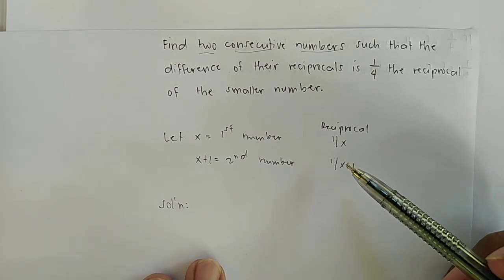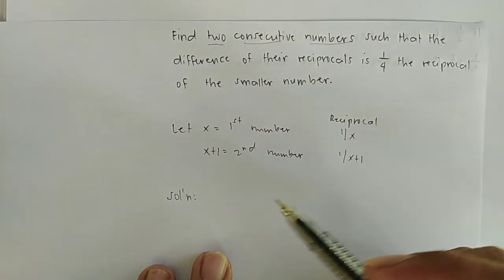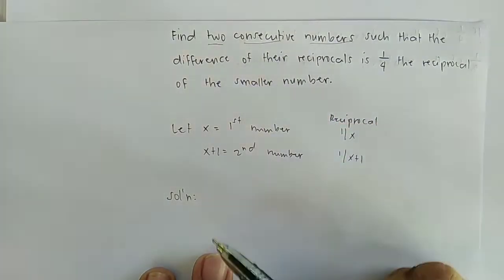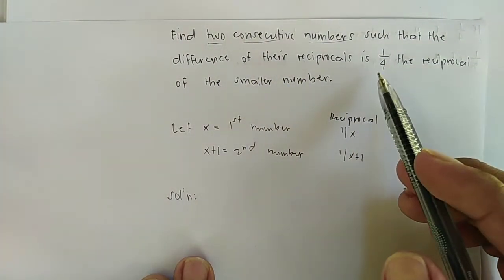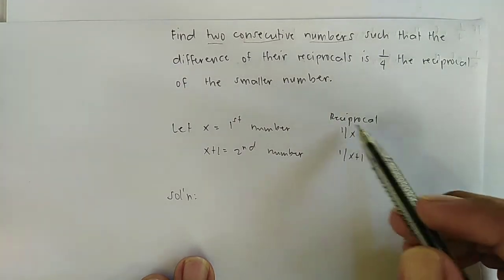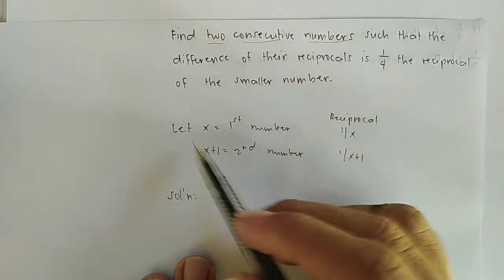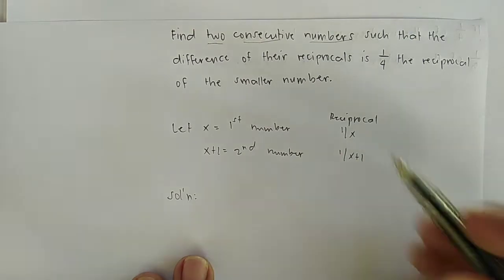So with that, we have to convert the statement into an equation. So the difference of the reciprocals is 1/4, meaning to say we have to use the reciprocals of the two representations for the two consecutive numbers.